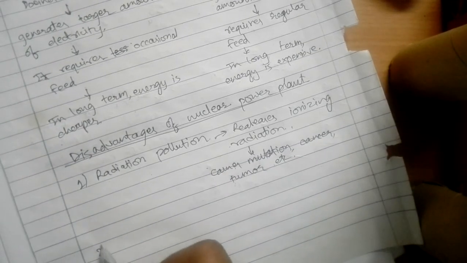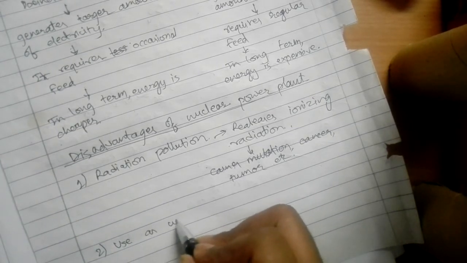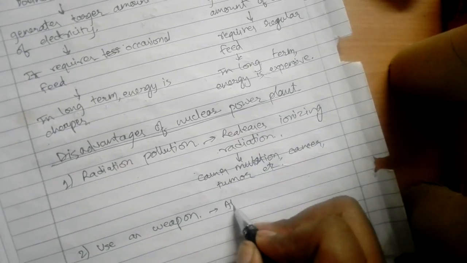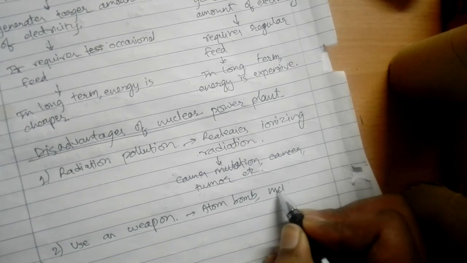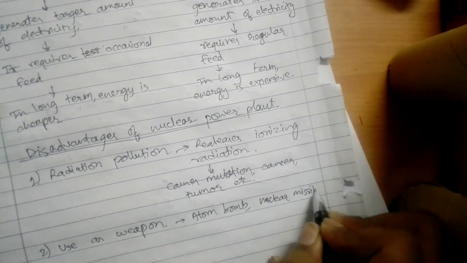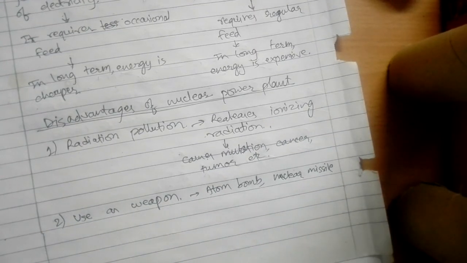Okay, and the second big challenge is use as a weapon. Nuclear weapons such as atom bombs and nuclear missiles are deadly weapons which can be used to level a city.